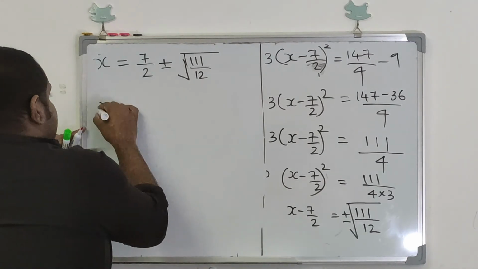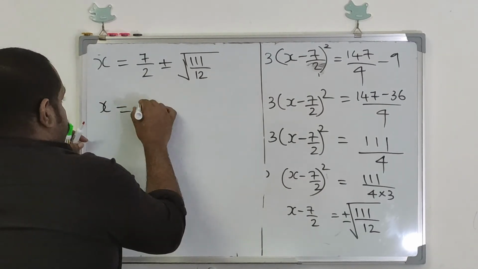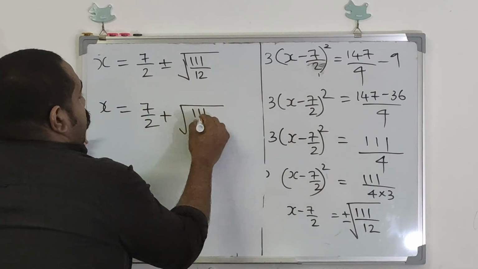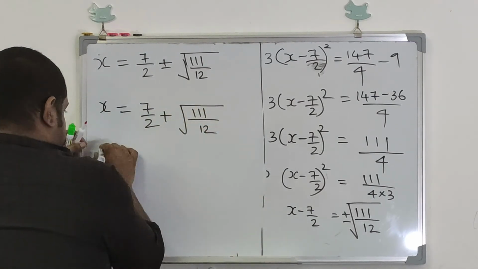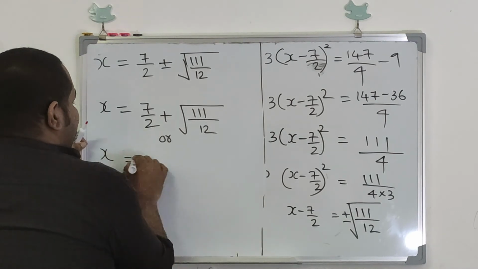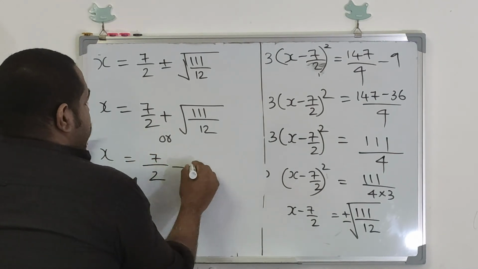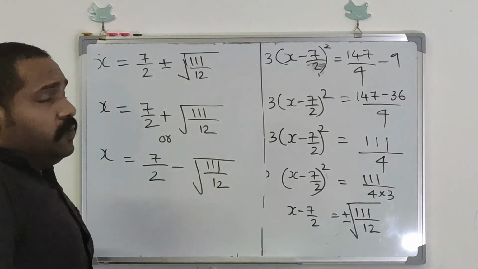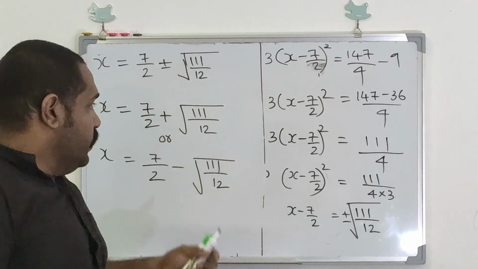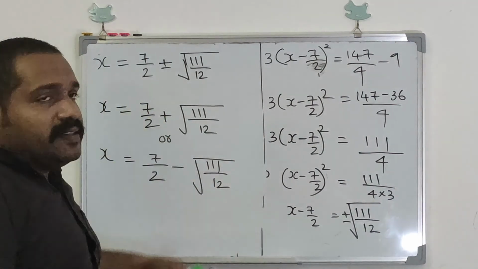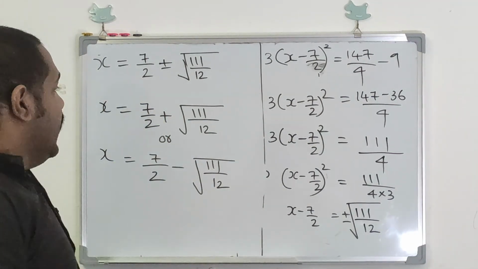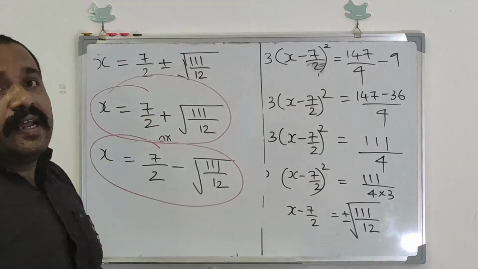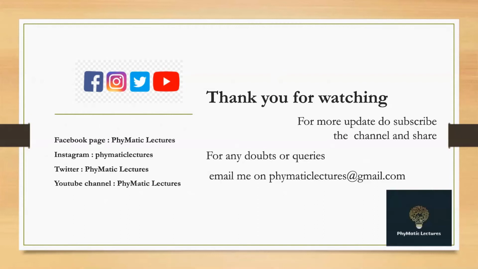So first value of x is equal to 7 over 2 plus root of 111 over 12, or another value is equal to 7 by 2 minus root of 111 over 12. If you are using a calculator, you can further simplify this answer, and we get the two solutions.